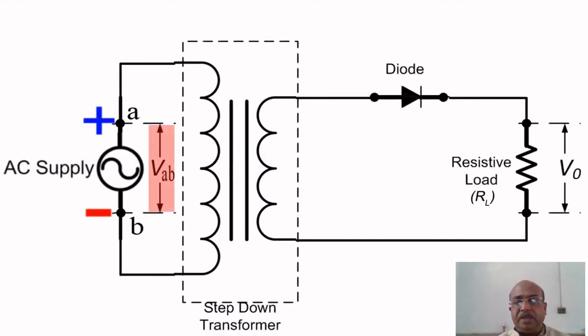During the positive half cycle, terminal A becomes positive and terminal B becomes negative, and in this way the diode conducts and the voltage is available at the output. And when this polarity changes and terminal A becomes negative and B becomes positive, then there is no conduction through the diode as it is reverse biased. This is how the half wave rectifier works: the output is available during the positive half cycle and it is not available during the negative half cycle.